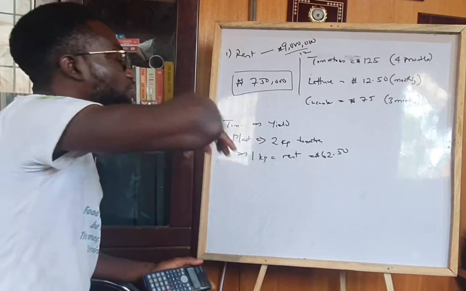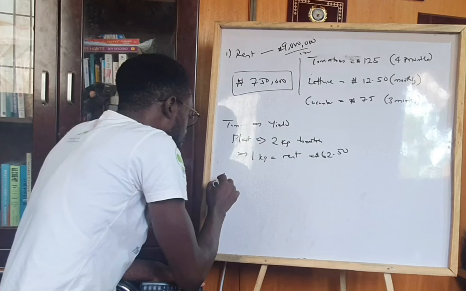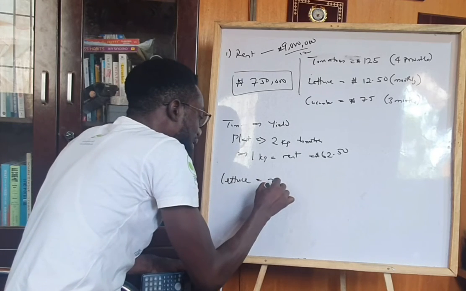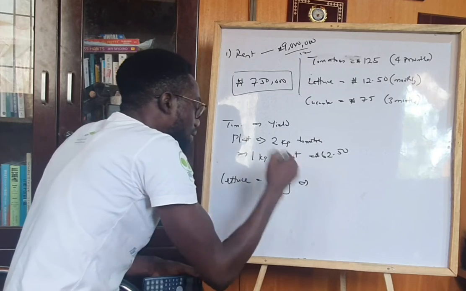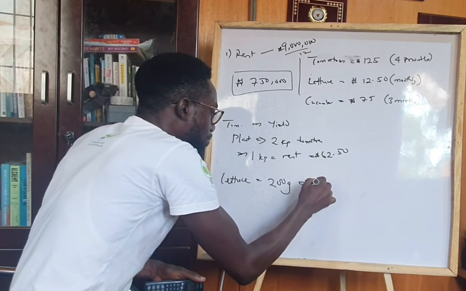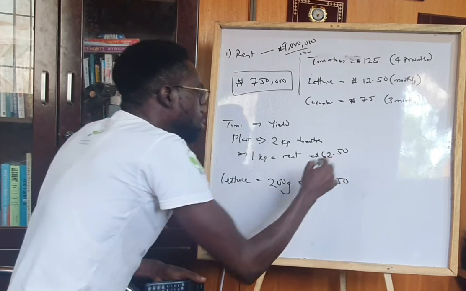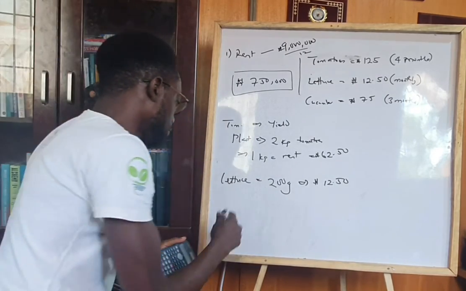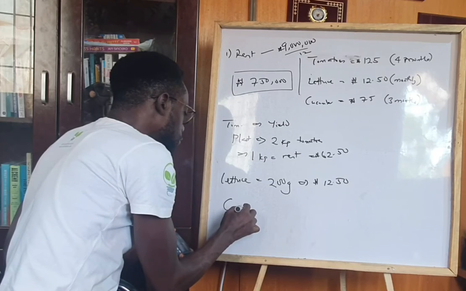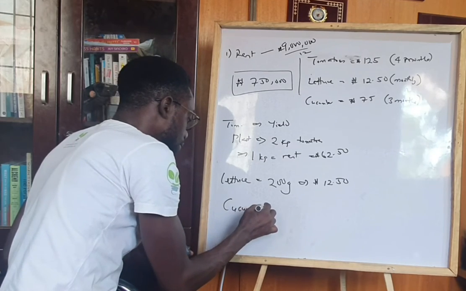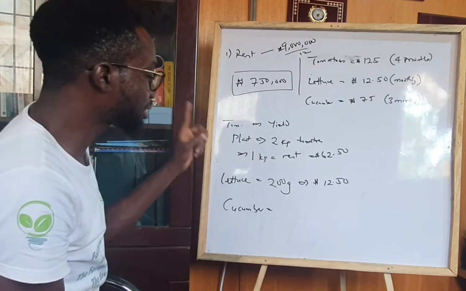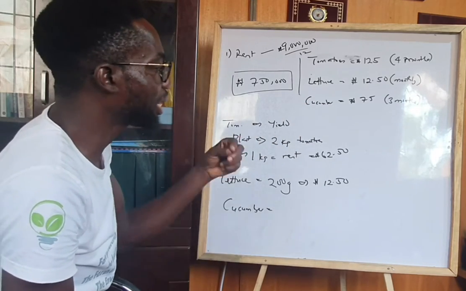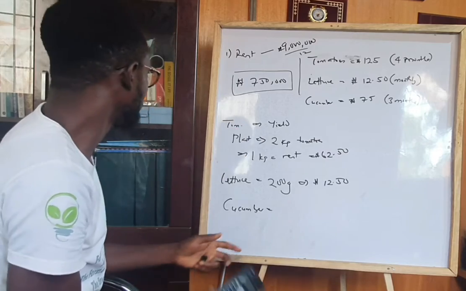Because I am going to have to sell the whole of the lettuce, let's say when we weigh the lettuce, it is weighing 200 grams. So 200 gram of lettuce is at 12 naira 50 kobo. If we come to cucumber, for cucumber still on rent, a single plant, depending on the variety, can give as much as 5 kg.